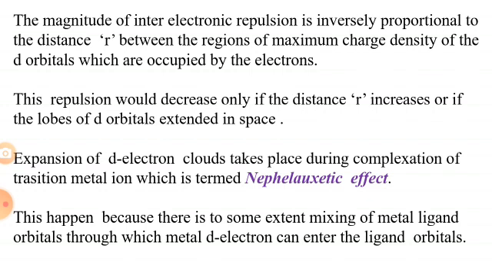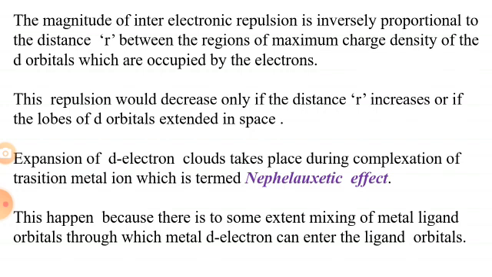The repulsion would decrease only if the distance r increases, or if the lobes of the d orbitals expand in space. If there is more space for delocalized electrons, then the interelectronic repulsion would decrease.